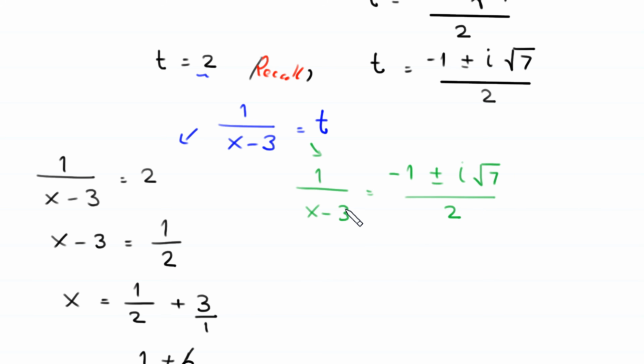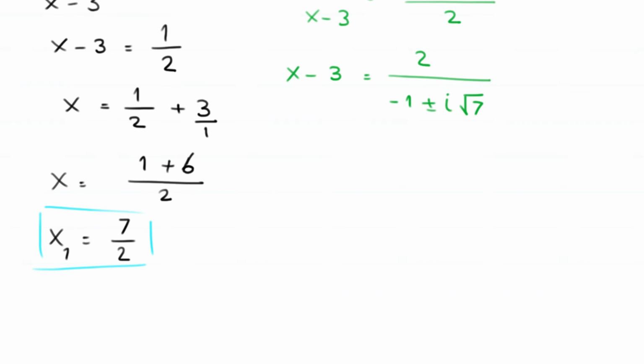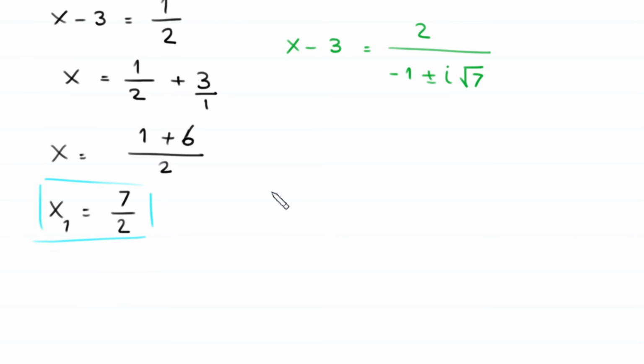If we take a reciprocal on both sides, this implies that x minus 3 is equal to 2 divided by (negative 1 plus minus i times root 7). To rationalize the denominator, we multiply and divide by the conjugate of this expression, negative 1 minus plus i times root 7.